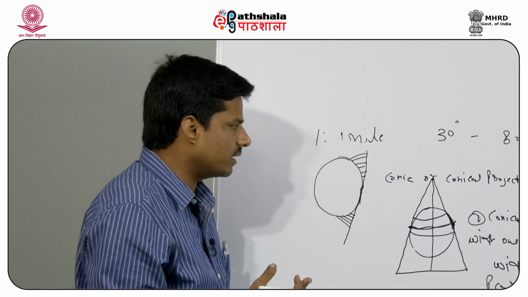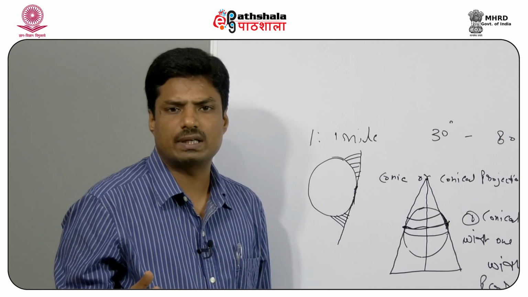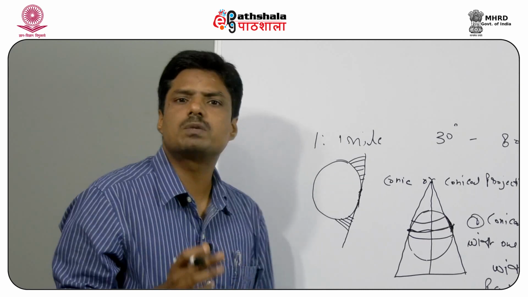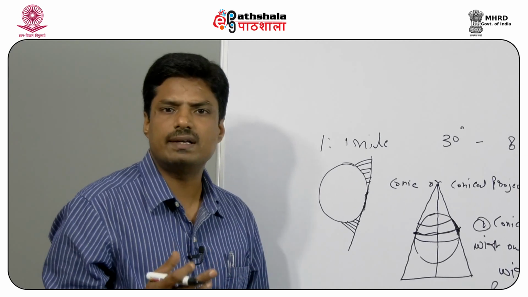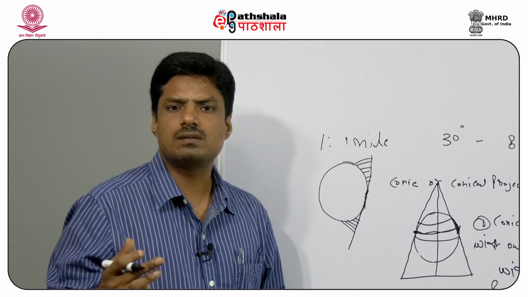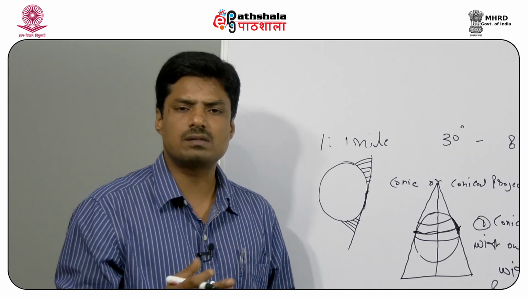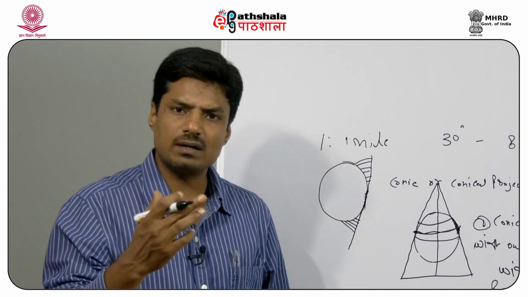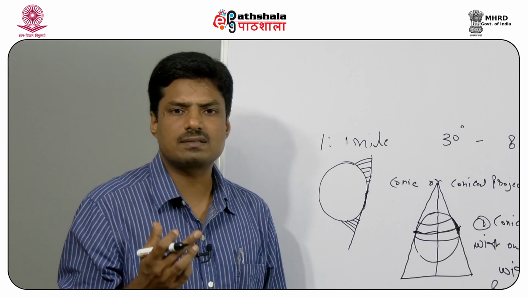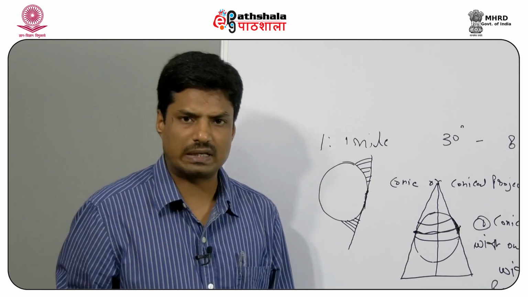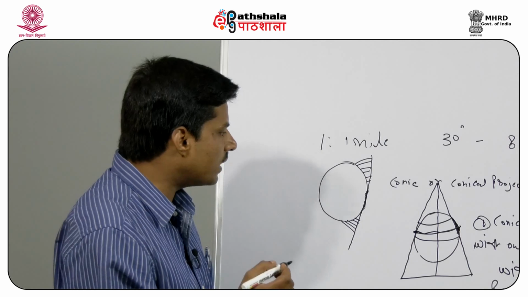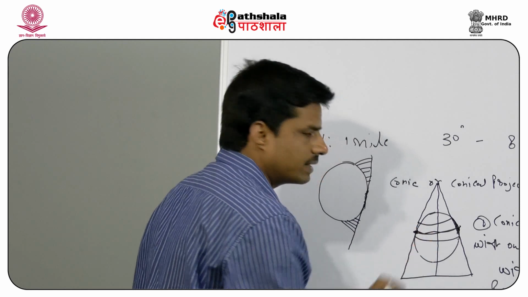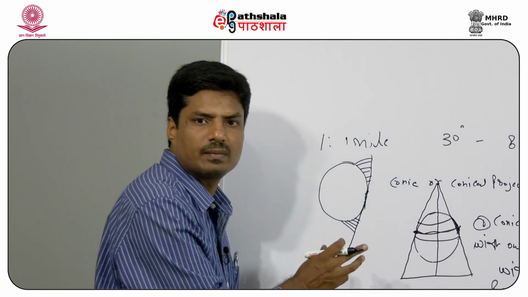The third important category of this conical projection is known as Bonne's projection. In Bonne's projection, basically we consider all the parallels as standard parallels, or all the meridians as true to scale. But the base of drawing of the map will be the first standard parallel which we draw initially.